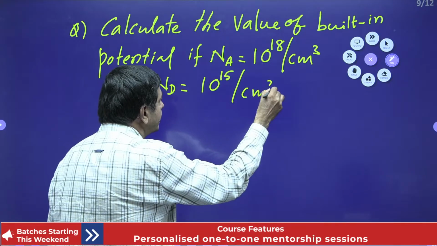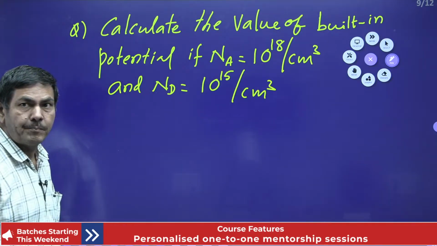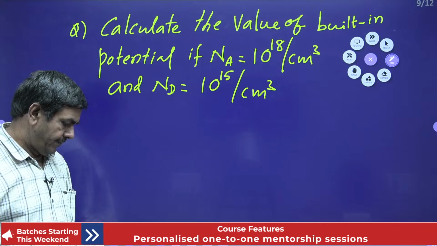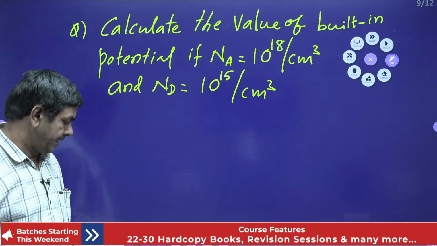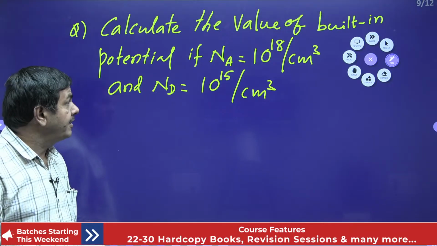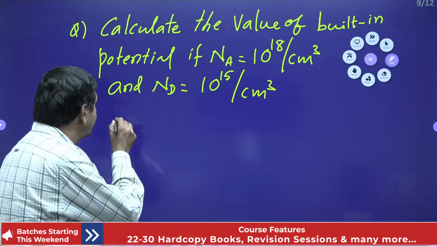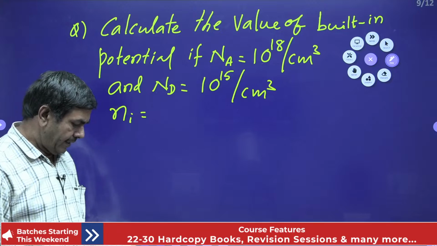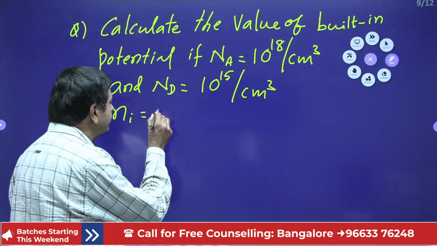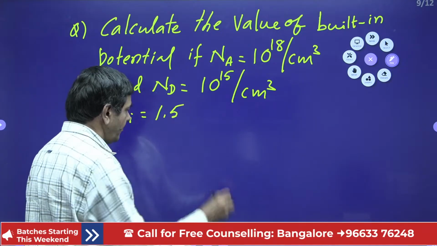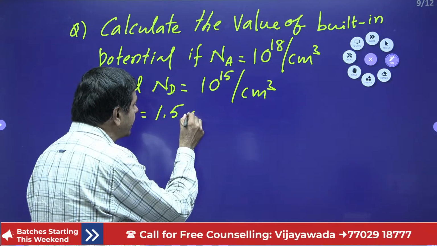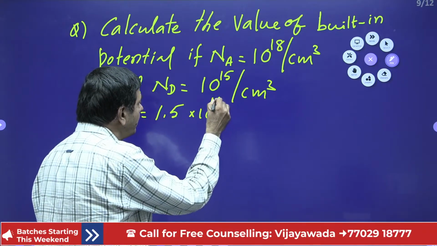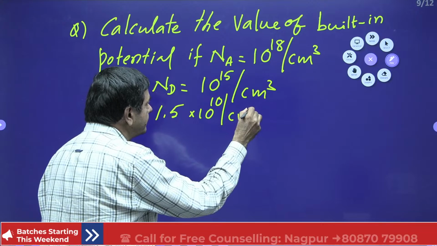Also the intrinsic concentration Ni is given as 1.5 into 10 power 10 per cm cube.